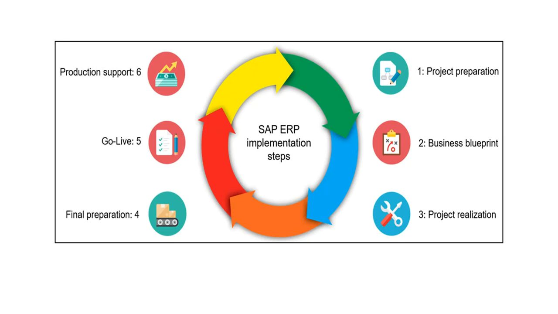Once the software company persons or consultants come, they prepare a business process document. For example, the FI consultant, finance consultant, prepares the business blueprint of the organization, the finance business process. Similarly, the controlling or costing consultant prepares the costing or controlling business process of the organization.